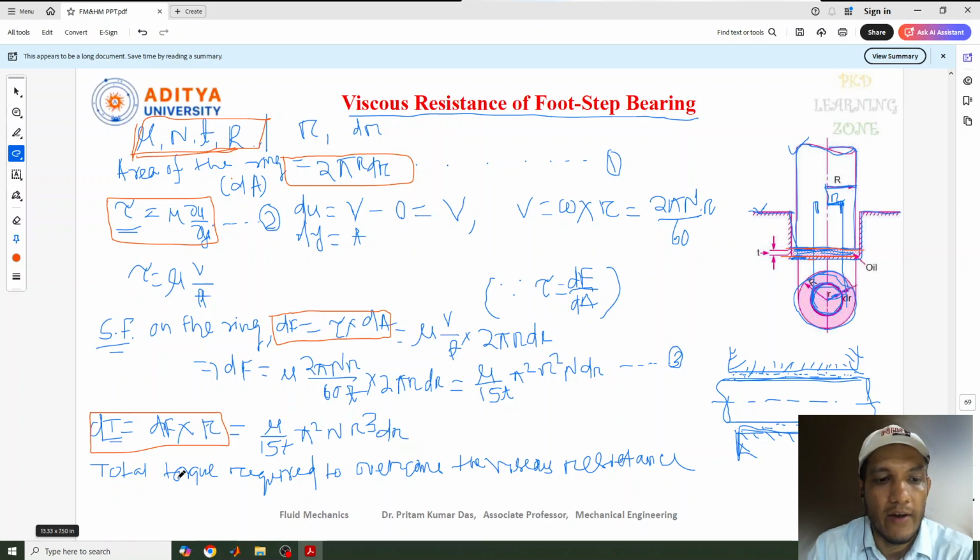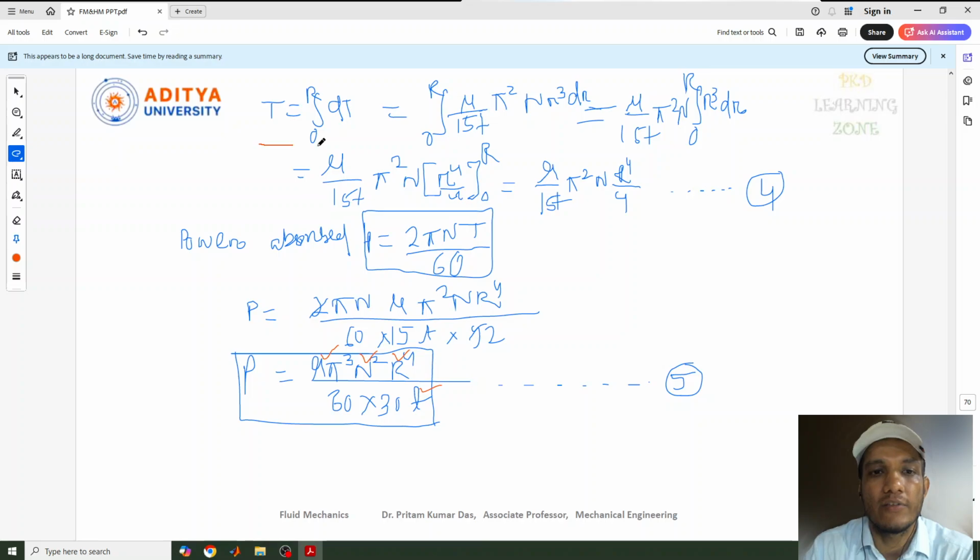Once the torque was calculated for the small elemental area, we needed to find the total torque required to overcome the viscous resistance, so we integrated it. After that, the power absorbed P equal to 2 pi nT by 60. So I hope you understand this derivation.